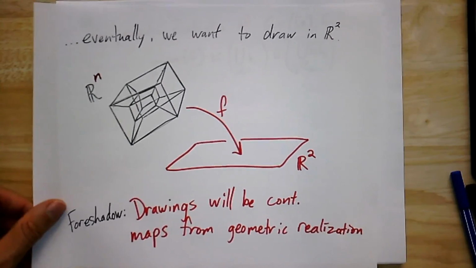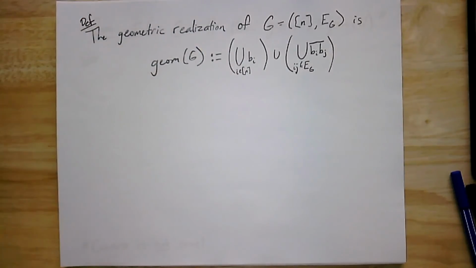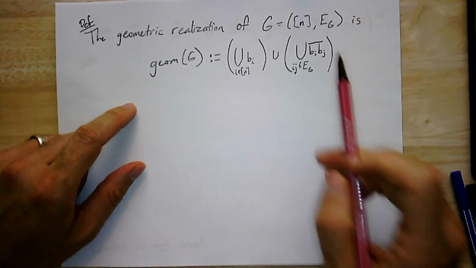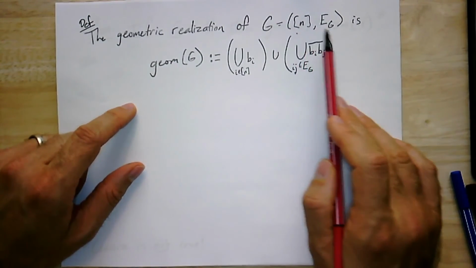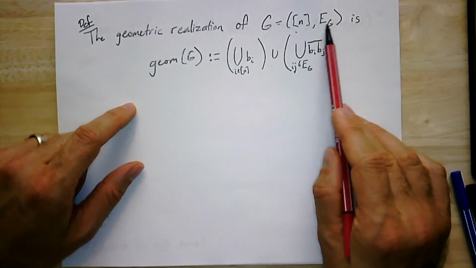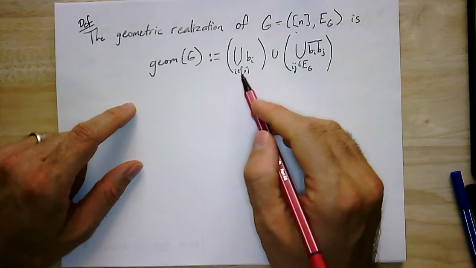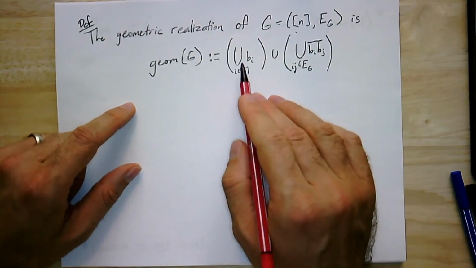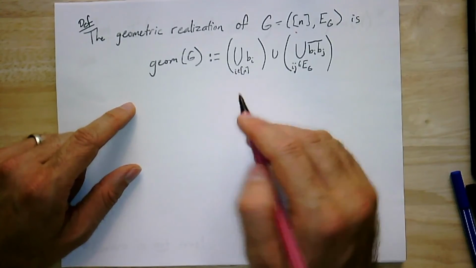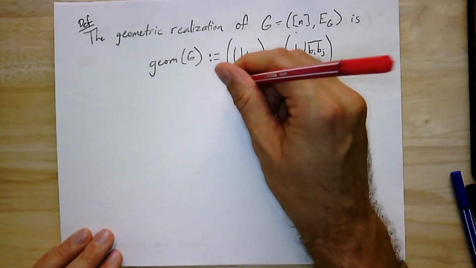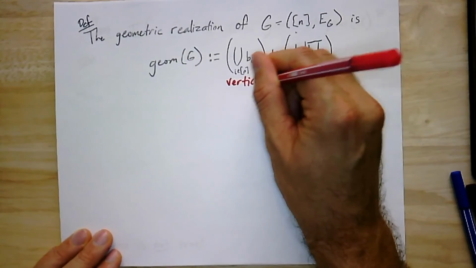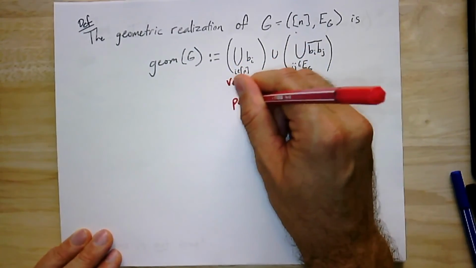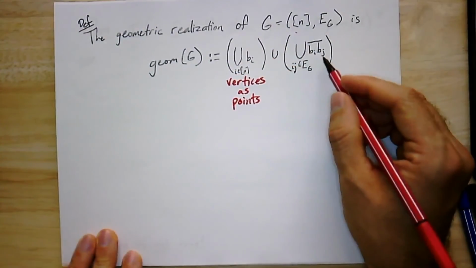this geometric realization is. I've started with a graph here that already has numbered vertices, so it's some numbered vertices and edges. Its geometric realization then is just the basis vectors. So this is a collection of points, vertices as points. And this is a collection of line segments, edges as line segments.